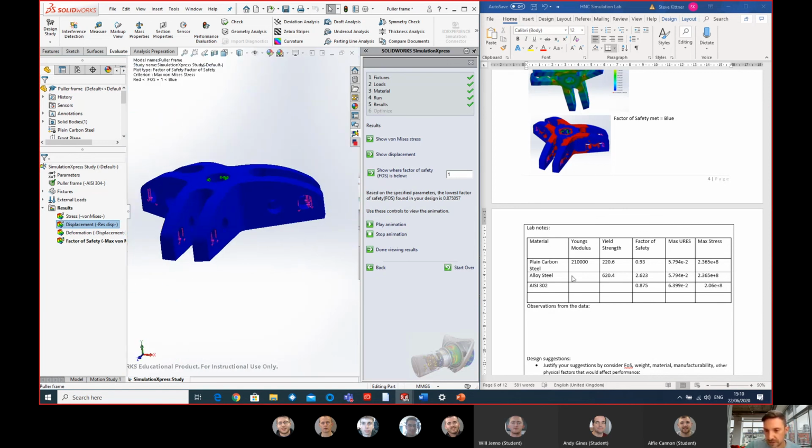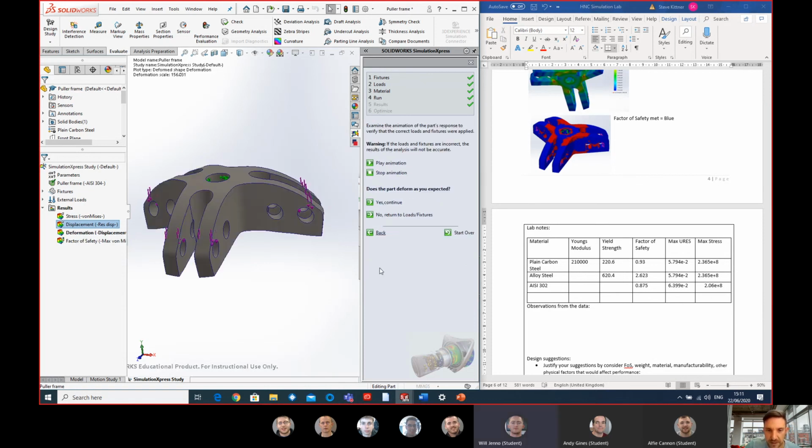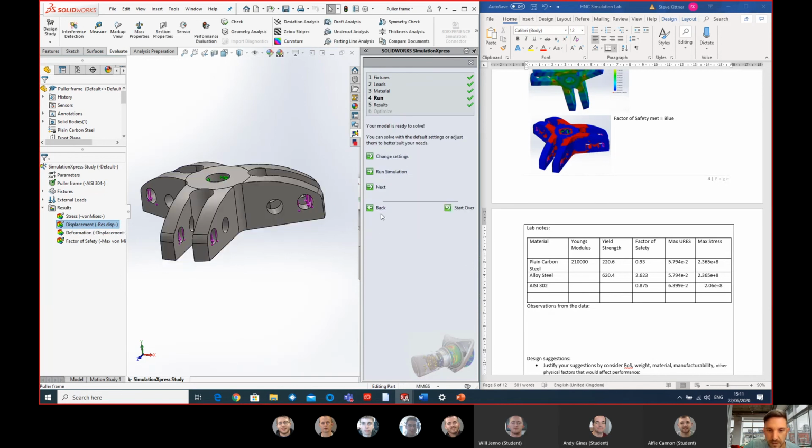Okay, let's go for, oh, I didn't jot the values down. I'll jot those down now. Let's just go back. Here's modulus 19.